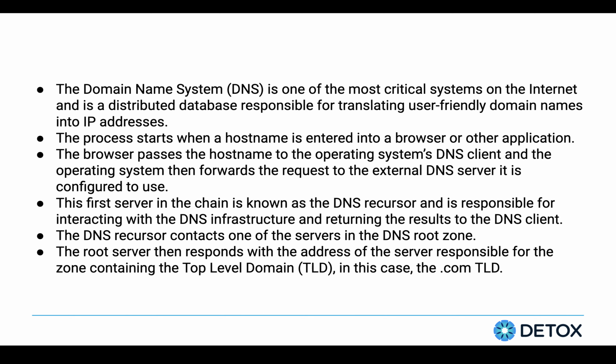Once the DNS recursor provides the DNS client with the IP address for the domain, the browser can contact the correct web server at its IP address and load the whole web page.